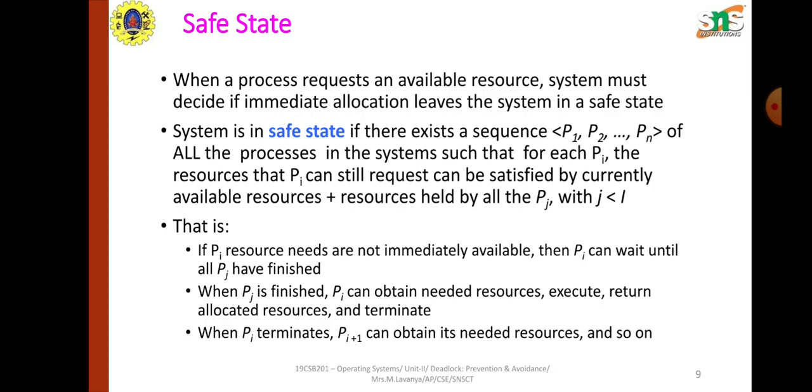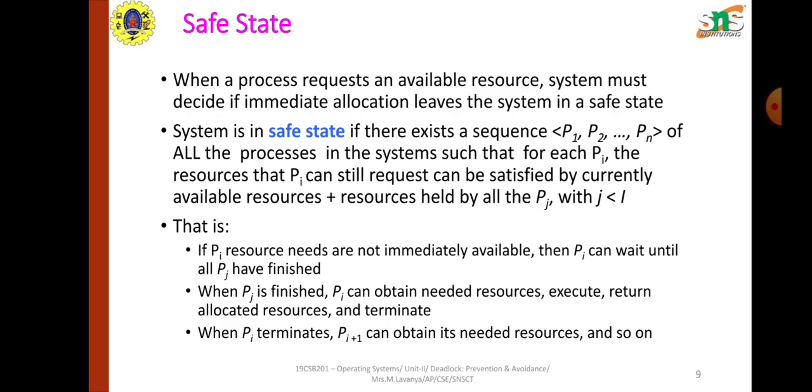Let us see what a safe state and an unsafe state are. A safe state is nothing but a state where deadlock can't occur in that system. When a process requests a resource, the system must decide whether it can be allocated in a safe manner.